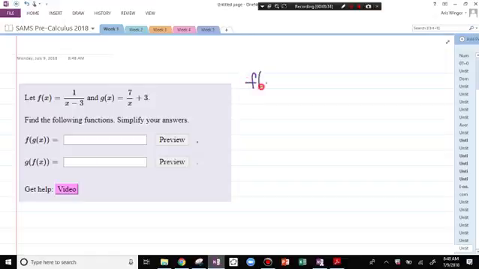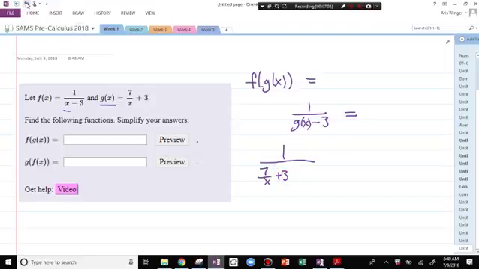F of g of x is equal to 1 over g of x minus 3. Now this actually turns out to be okay, right? This is equal to, so instead of this x, you put the entire function g. So this is 1 over, g in this case is 7 over x plus 3.